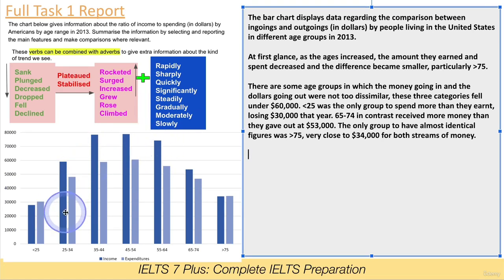Now let's go into our second group, and we have these four here.